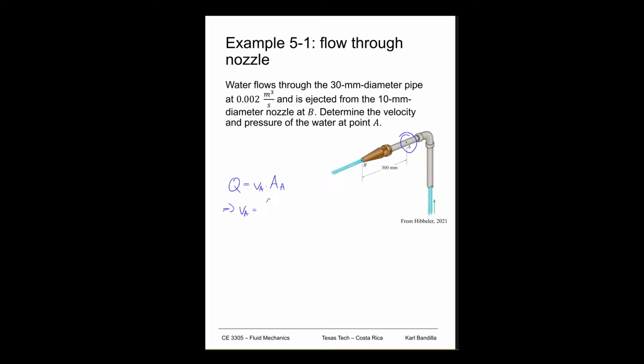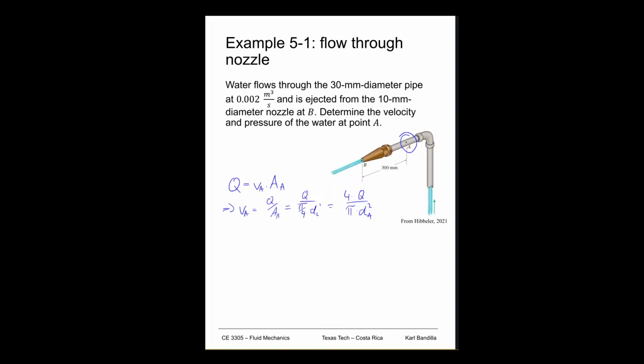That's just going to be Q over AA. Now, AA, it's a circular pipe, right? So it'd be pi over 4 times dA squared, or VA equals 4 times Q divided by pi times dA squared.